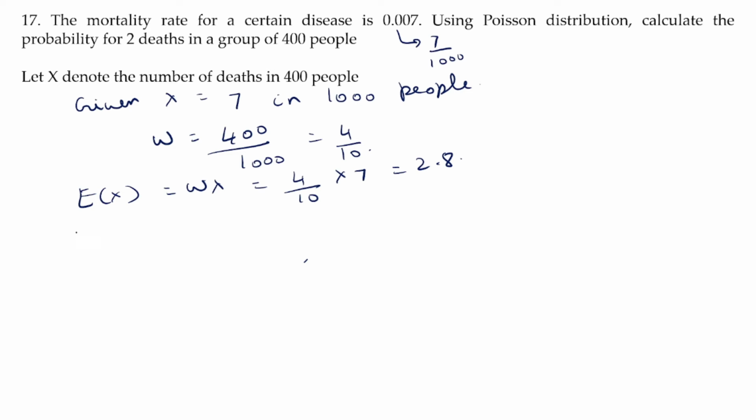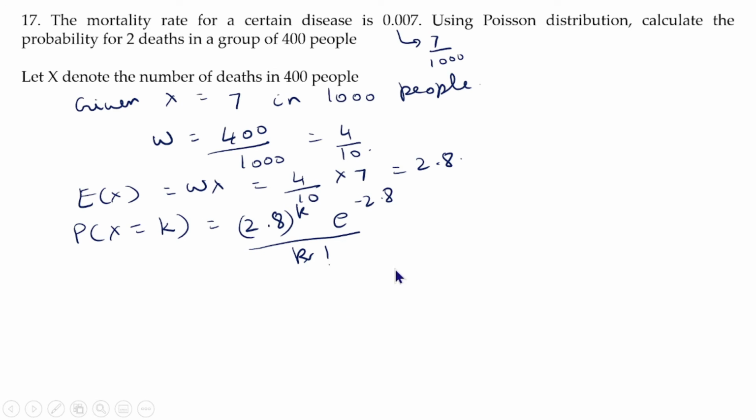Now, we can write the probability mass function. Probability of x is equal to k is equal to lambda raised to k, e raised to minus lambda upon k factorial. Now, we need to calculate the probability for 2 deaths in a group of 400 people. So we need to find probability of x is equal to 2. We just have to substitute k as 2.